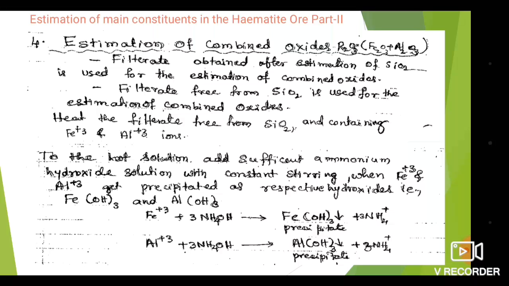So what reaction occurs? Fe+3 plus 3 NH4OH gives Fe(OH)3, the precipitate of iron hydroxide, plus 3 ammonium ions, as well as Al+3 plus 3 NH4OH gives Al(OH)3 precipitate plus 3 ammonium ions.